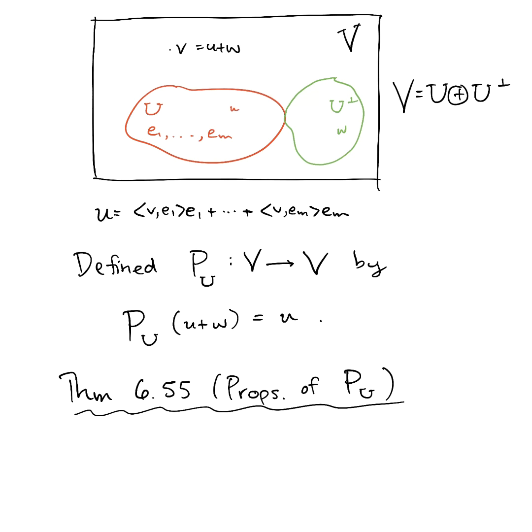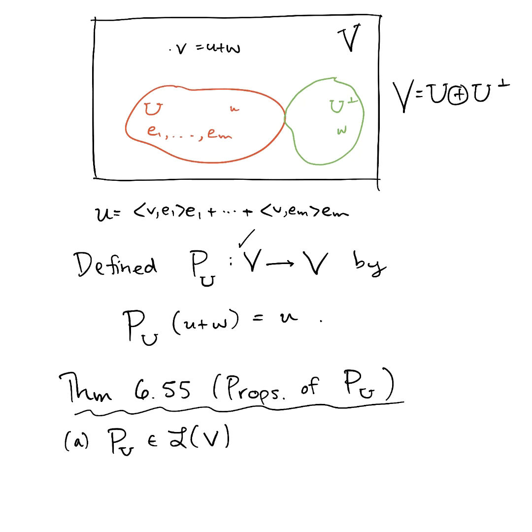Okay, first thing. Part A. This projection mapping is actually a linear operator on V. Certainly it maps V to V. We've already noted that. That's true by definition. The question is whether or not it's linear. And you guys know the definition of linear.